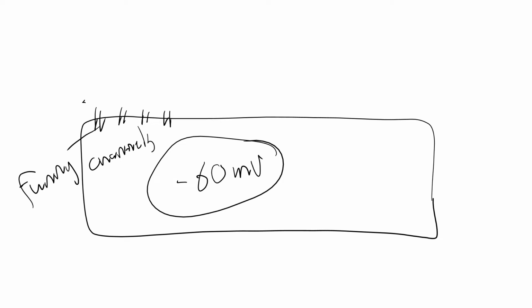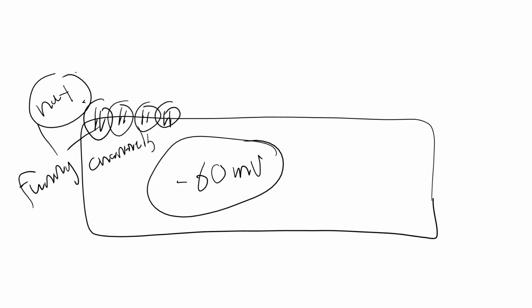And what these funny channels, which again are really a sodium channel, what they do is they actually begin to open as the interior becomes more negative. As the interior of the SA node fiber becomes more and more negative, that actually causes the funny channels, these voltage-gated sodium channels, to open. And that's actually why they get their name, funny channel.